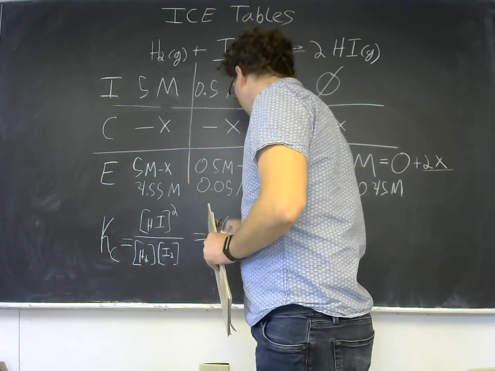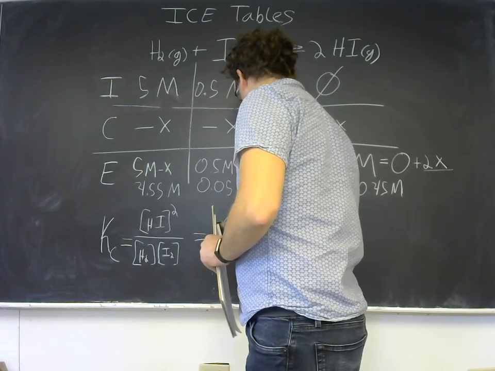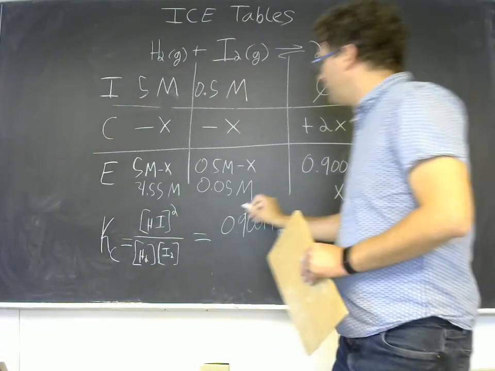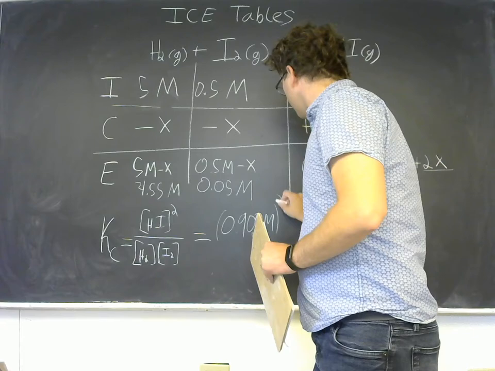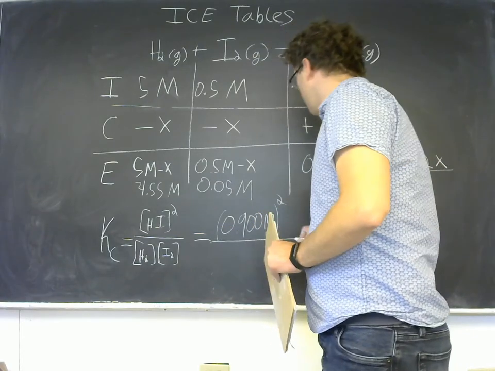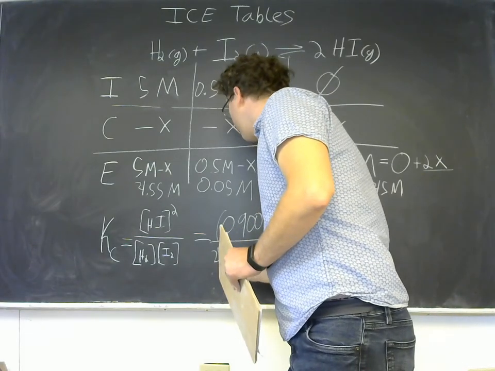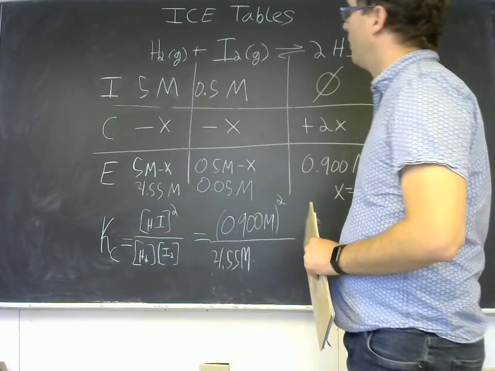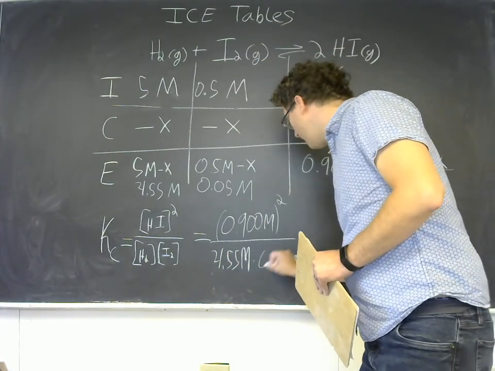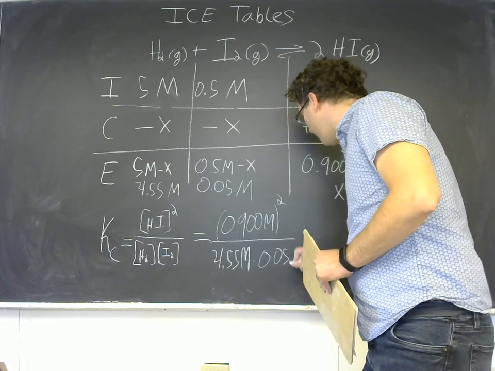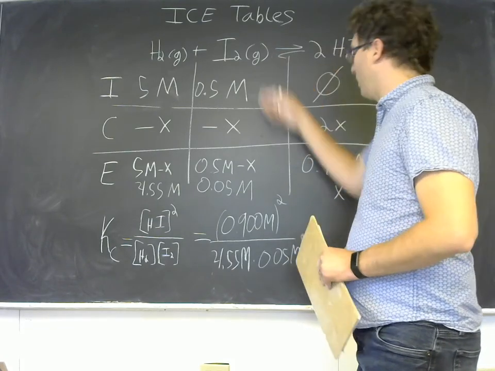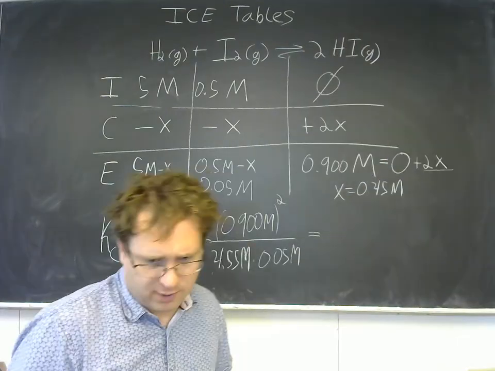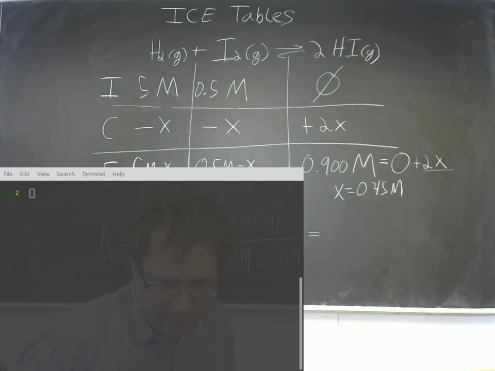We have 0.900 molar concentration of HI. We'll square that, and 4.55 molar for the hydrogen, and 0.05 molar for the iodine. Let's just plug those numbers in and see what we get.